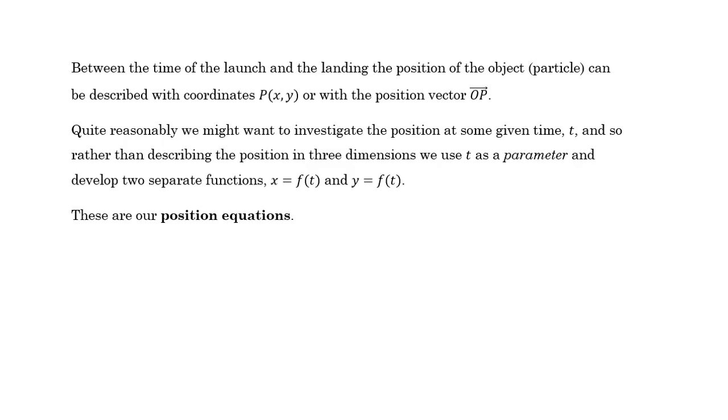So some function that describes my horizontal displacement over time will be some function of t. X will be some function of t, and the vertical displacement will be some function of t also. These are our position equations.